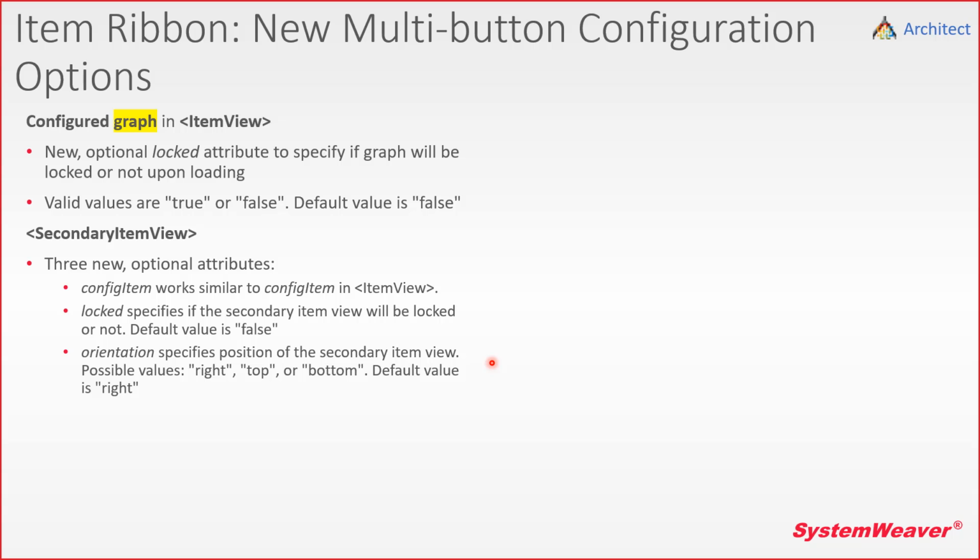And we have a new attribute that specifies orientation for the secondary item view. So you can specify if you want it positioned at the top, at the bottom, or to the right, which is the existing option in our earlier versions. And the default value is right. So it's the position of the secondary item view that this specifies.